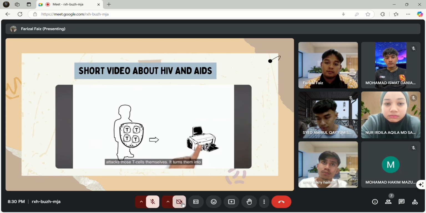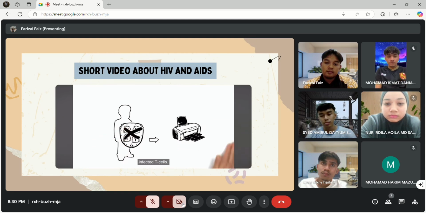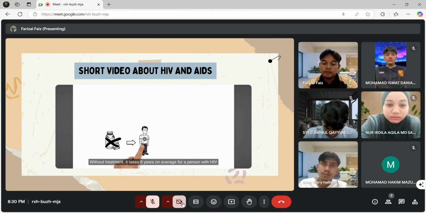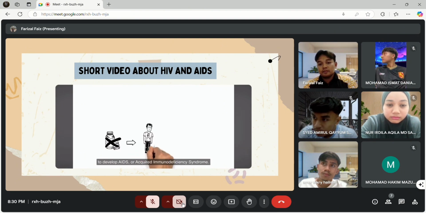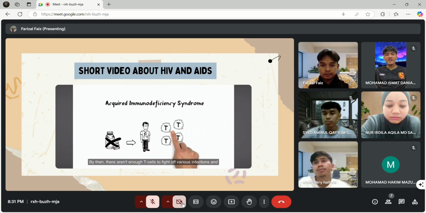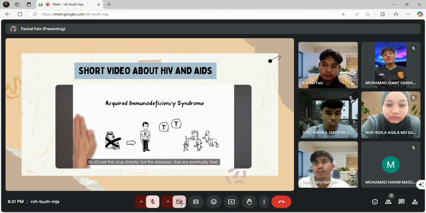It turns them into copy machines to make more copies of itself, then eventually kills the infected T cells. Without treatment, it takes 8 years on average for a person with HIV to develop AIDS, or acquired immunodeficiency syndrome. By then, there aren't enough T cells to fight off various infections and diseases. So it's not the virus directly, but the diseases that are eventually fatal.